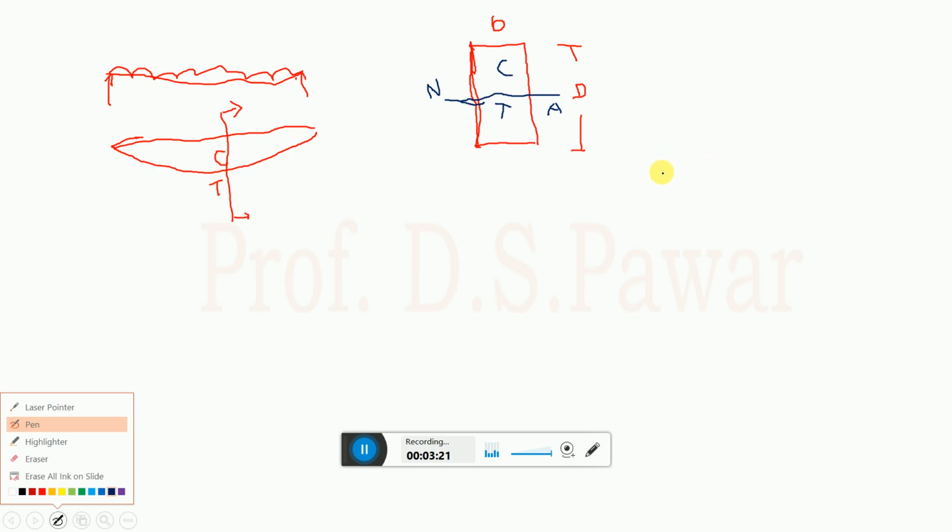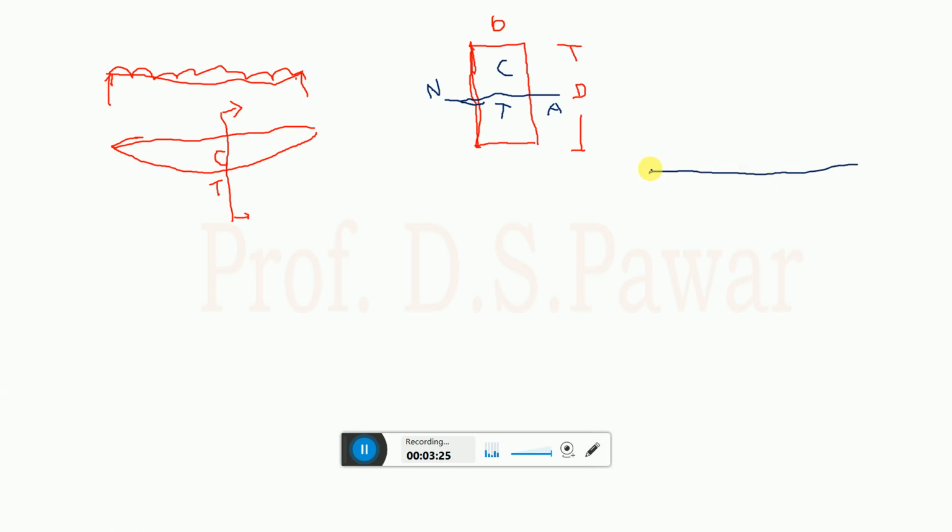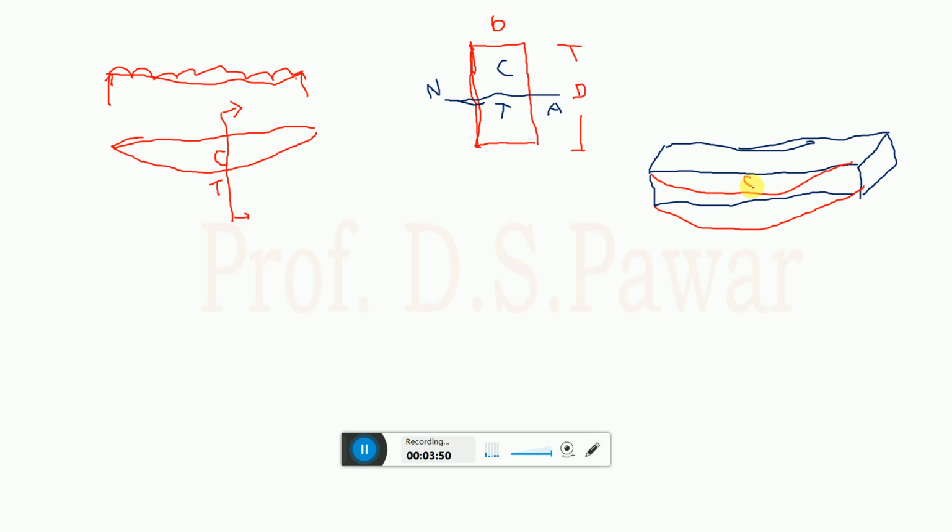Once again here I will draw that beam. If this beam is going to fail, it is going to fail like this. So the top part of the beam is in compression and the bottom fiber of the beam is in tension.